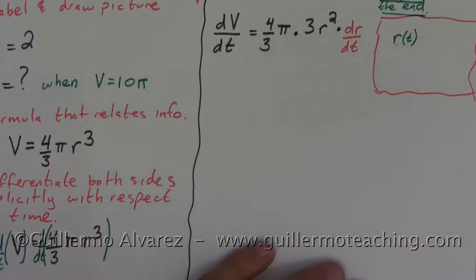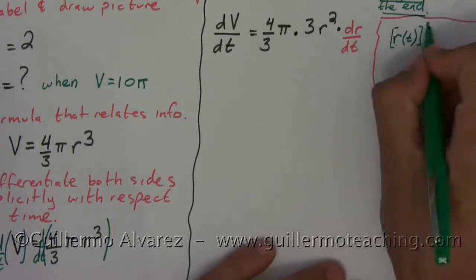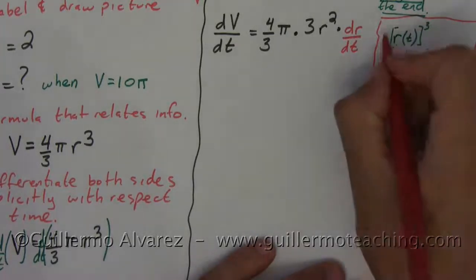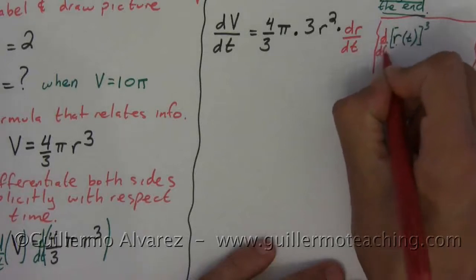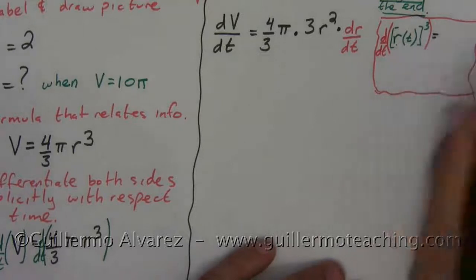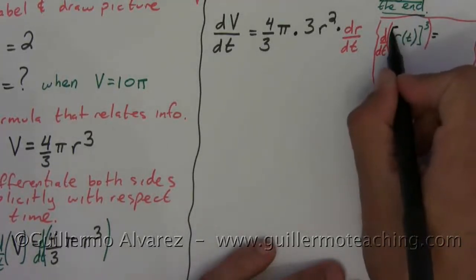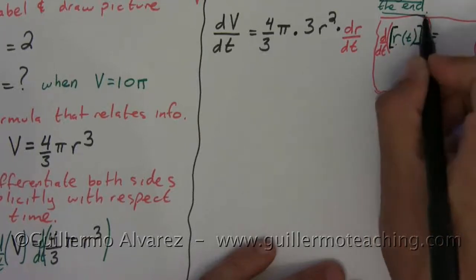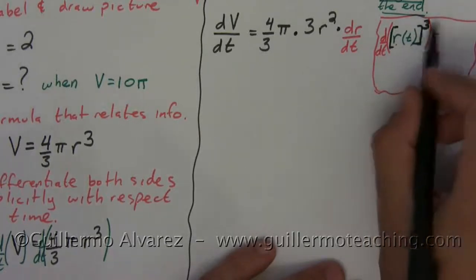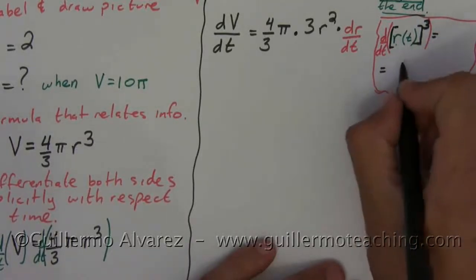So if I have the radius cubed and I want to get the derivative of this, well, I have to use the chain rule, right? I have to get the derivative of the outside, which is this whole thing that's being cubed. Let me do it down here so that I have more space.